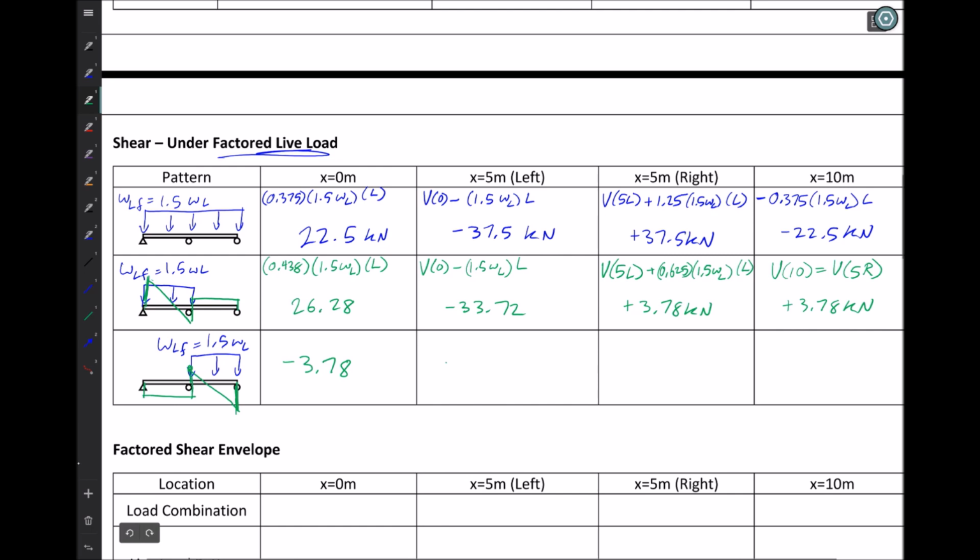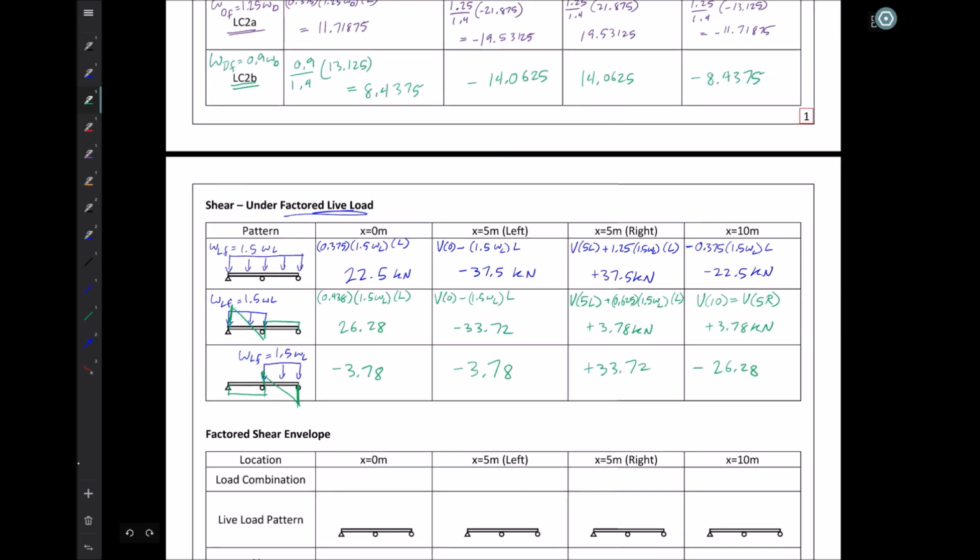Minus 3.78, minus 3.78, plus 33.72, and minus 26.28. So now I have completed all of the work I need to do to find the shear force envelope for this problem.